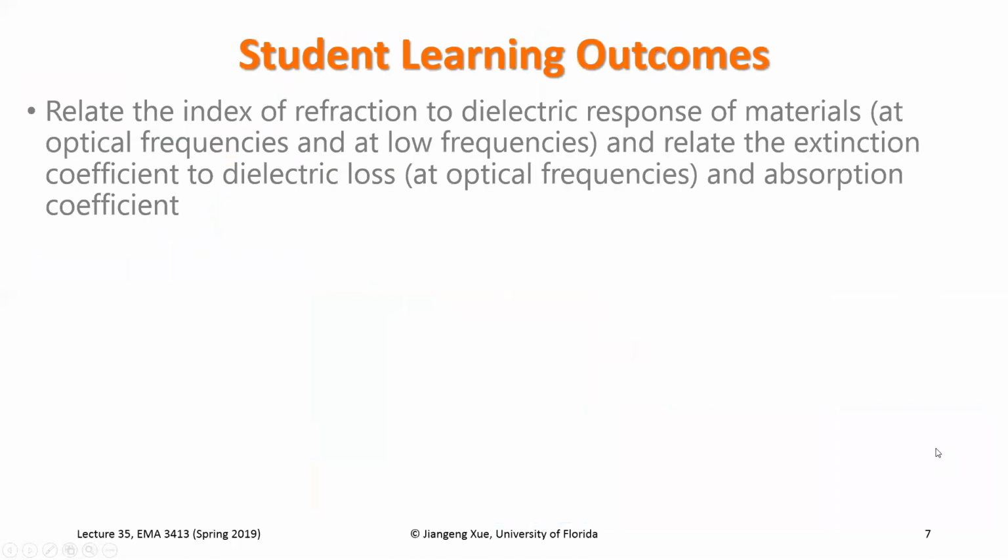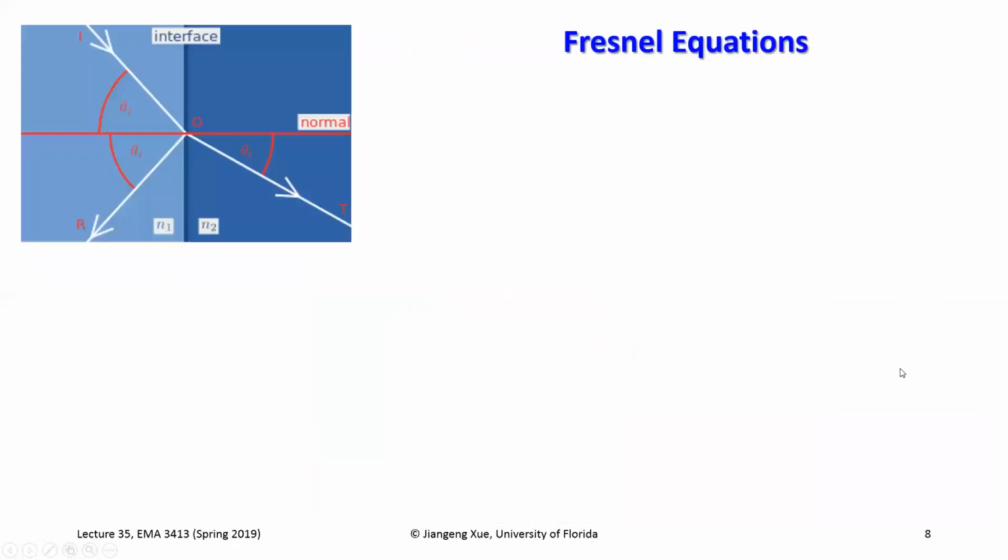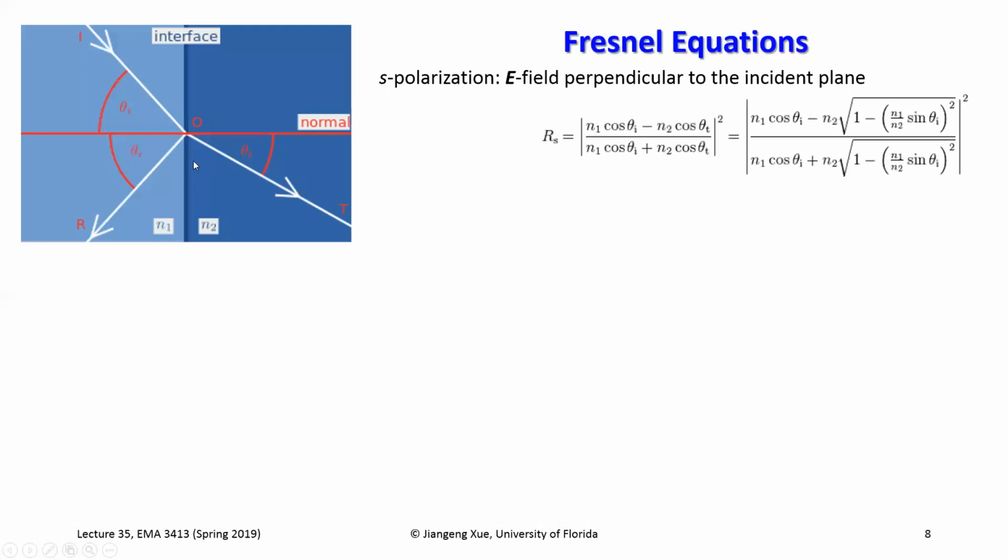The third student outcome is to use the Fresnel equations to calculate the reflectance and transmittance across the interface, especially at normal incidence. For light reflection at the interface, the reflectance, or the percentage of light that is reflected, depends on the polarization direction of the incident light wave. There are two different polarization directions because the polarization of the electric field is perpendicular to the direction of propagation.